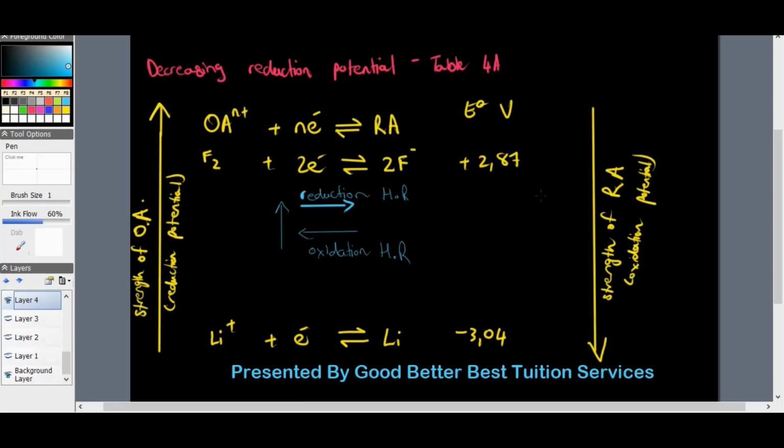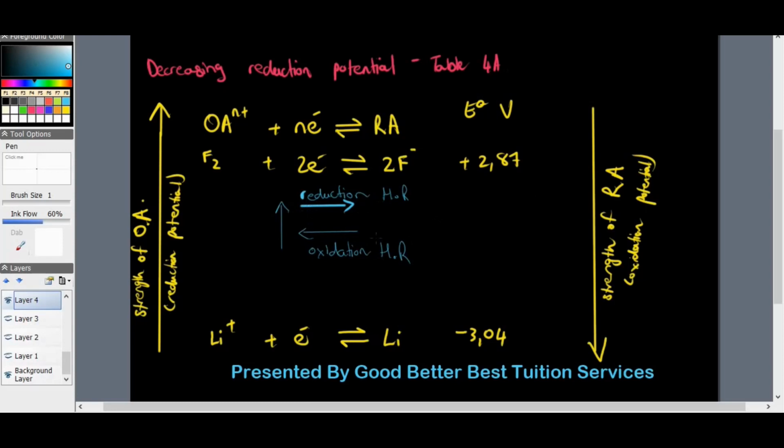Table 4b is exactly the opposite. So we're always reading it like this, in clockwise mode.